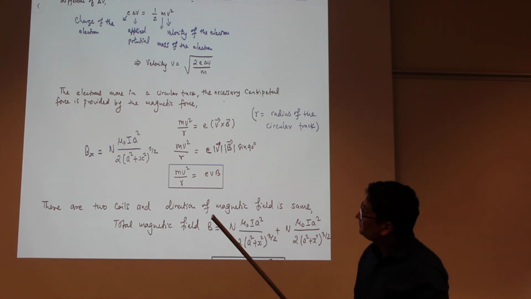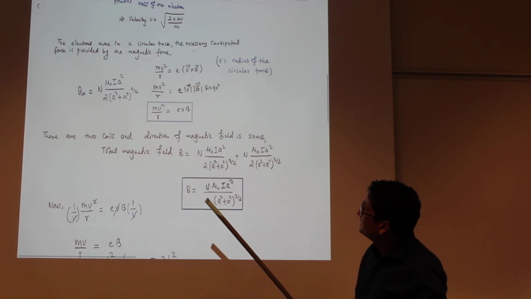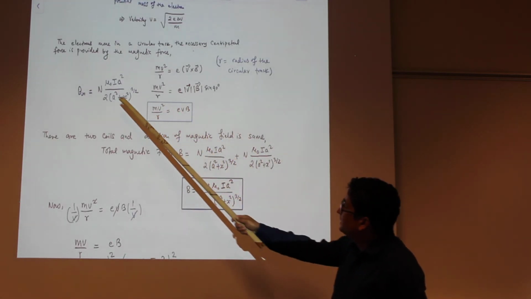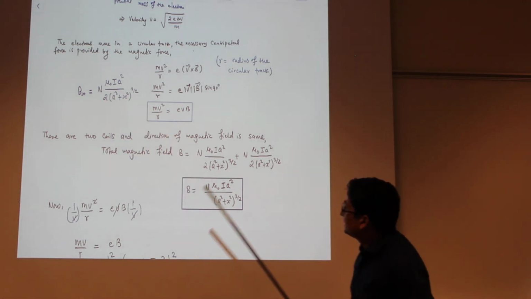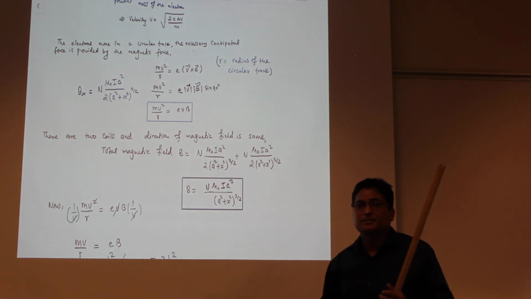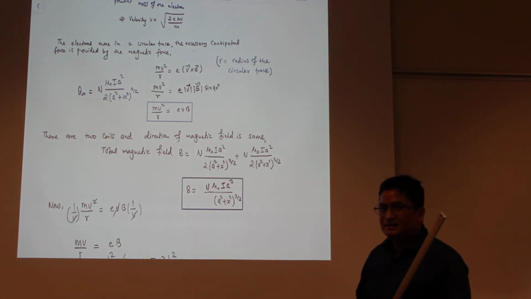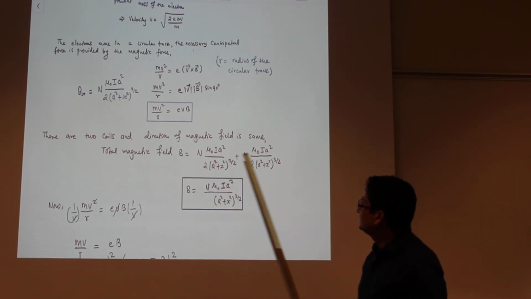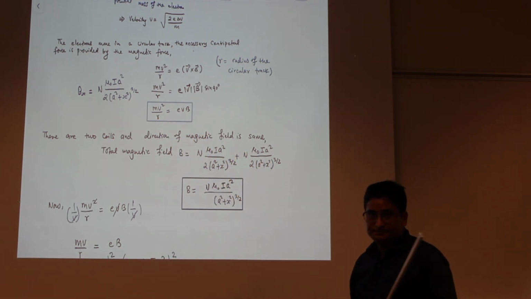The magnetic field at that point is given by this, but we have two coils, and both produce the magnetic field in the same direction, the x direction. So the total magnetic field will be this plus this, which is this.